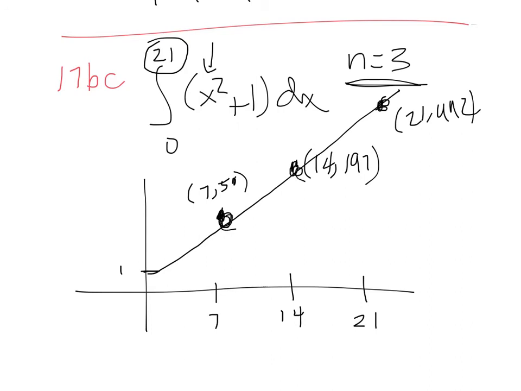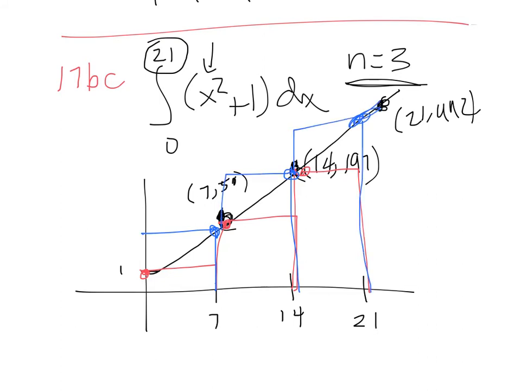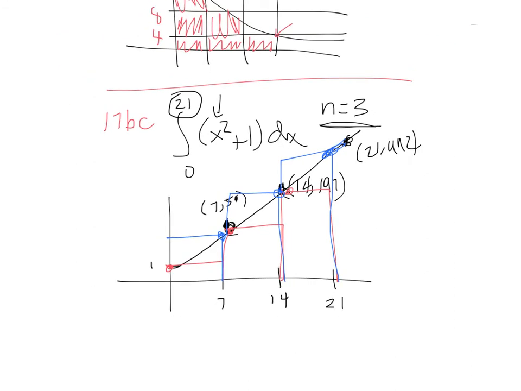Alright, so for a left-hand sum, I would start on the left-hand side and start drawing my rectangles, and I want to find that area. For my right-hand sum, I would start on the right-hand side, and pretend that dot's there, this would give me my right-hand sum.